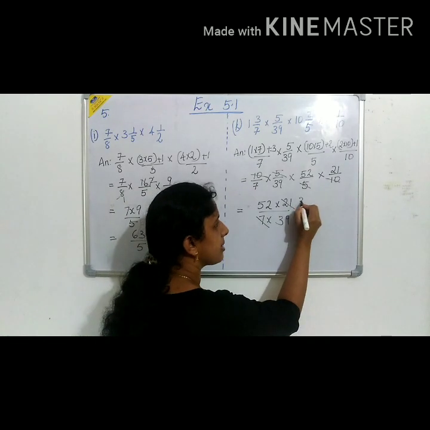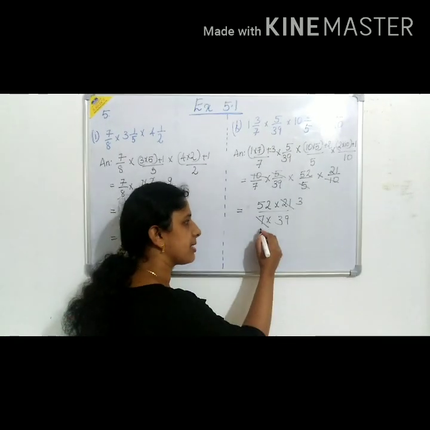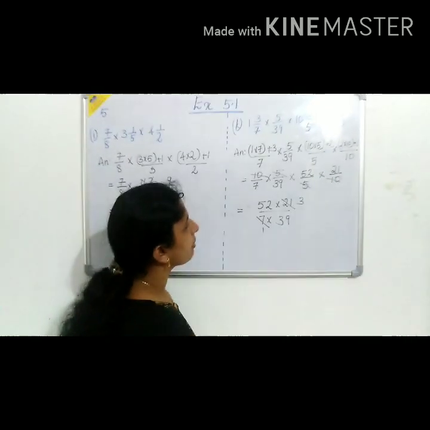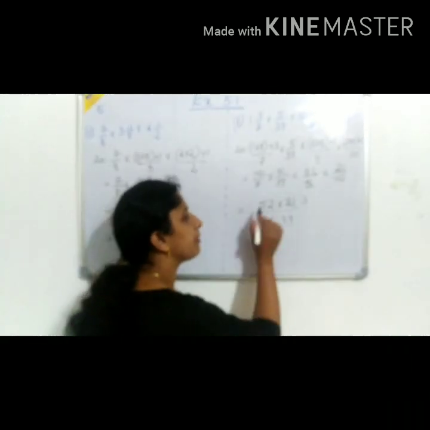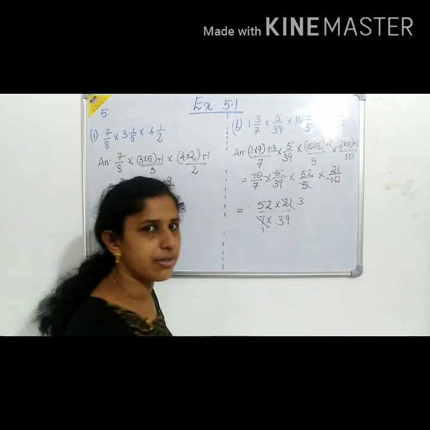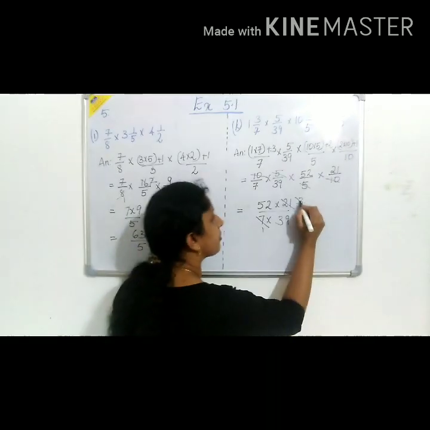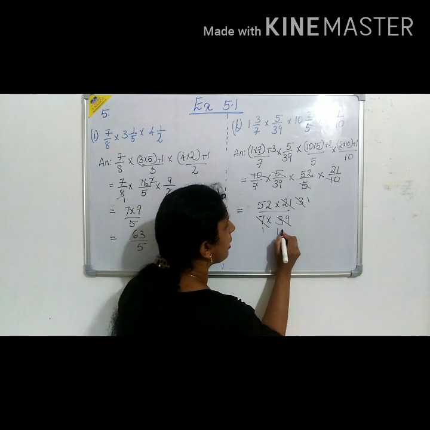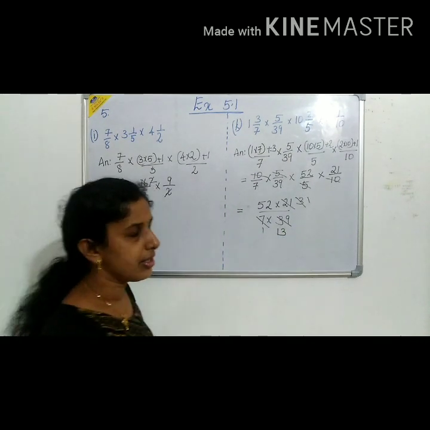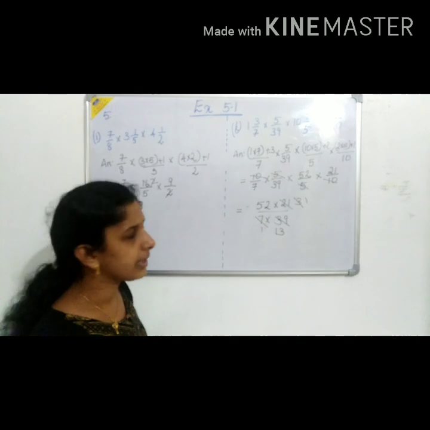Here 3 7s are 21, 7 by 7, 1. Now 52 and 39, is there any common? Because before going for 52, 3 and 39 also you can cancel. 3 by 3 become 1 and 39 by 3, 1 3s are 3, 3 3s are 9. So 13 into 3 become 39.